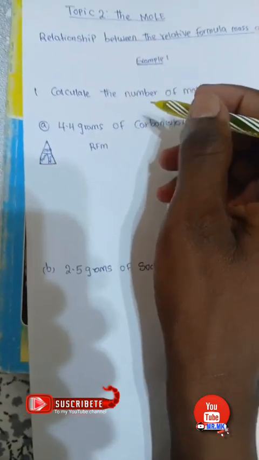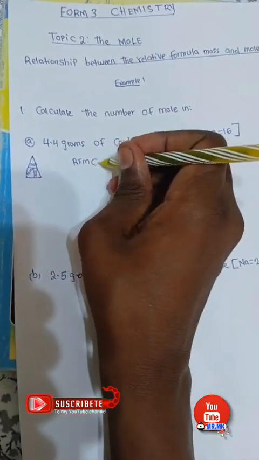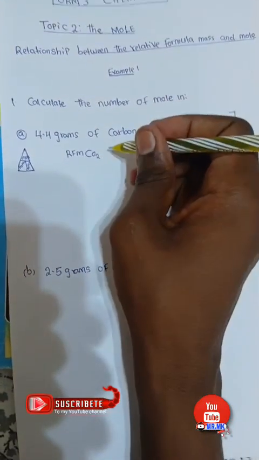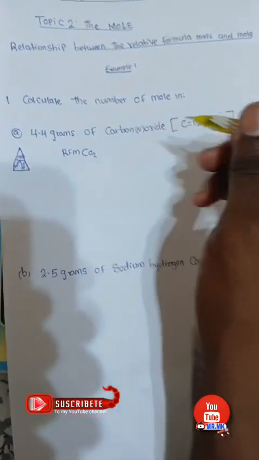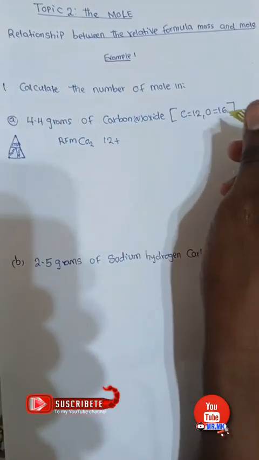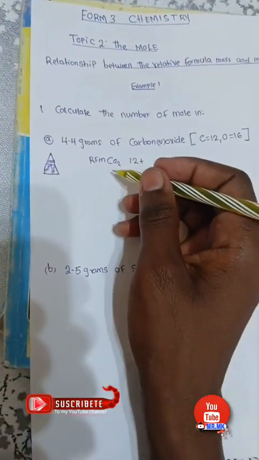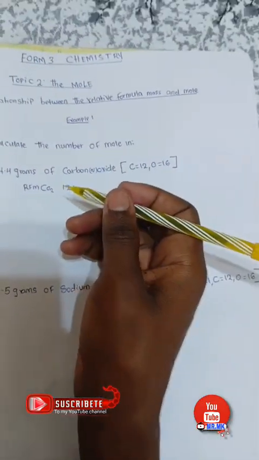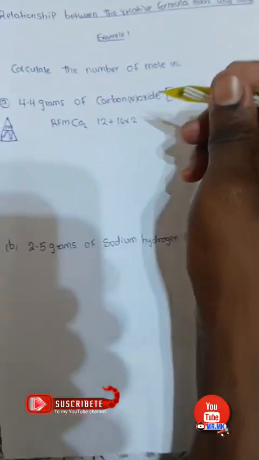Let's get the relative formula mass of carbon dioxide. How do you get it? Carbon we have 12 plus oxygen we have 16, but here oxygen is 2, so you have to multiply 16 times 2.